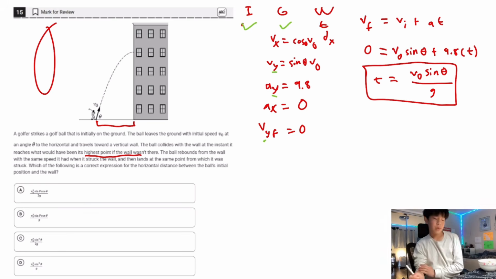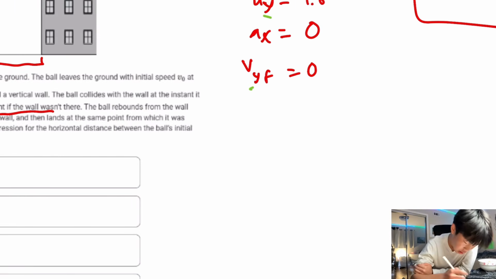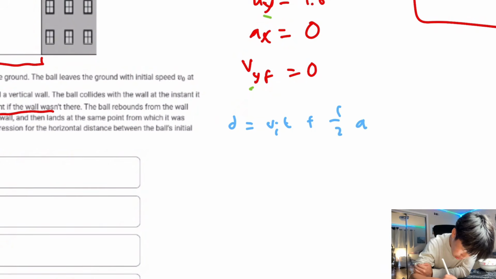Anyway, now that we have t, we can use the displacement formula. Guys, what's the second kinematic equation? It's d equals vit plus 1/2 at squared.